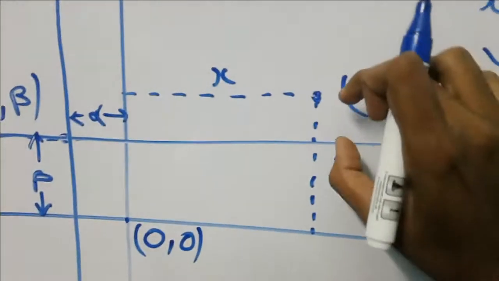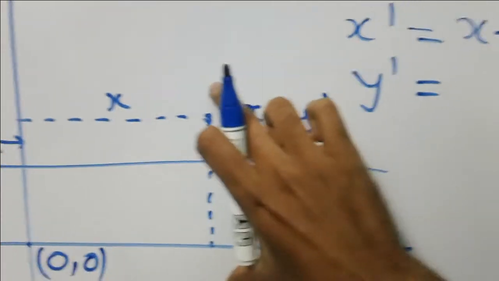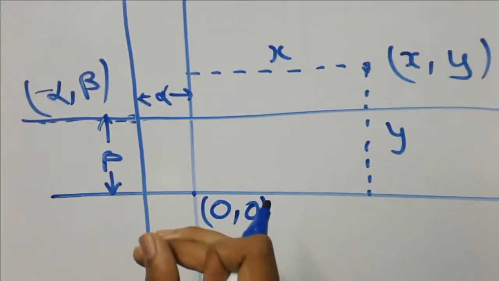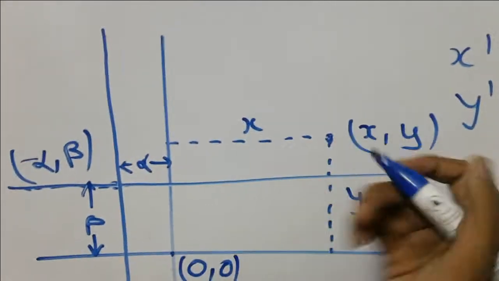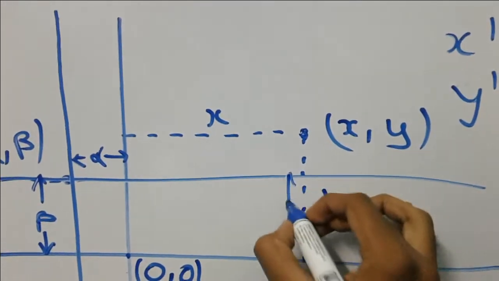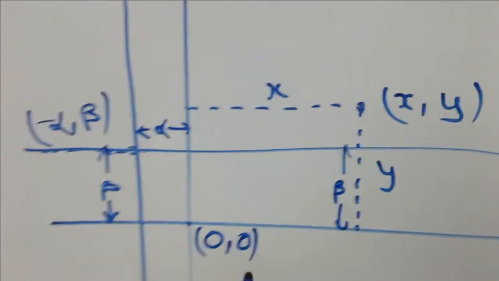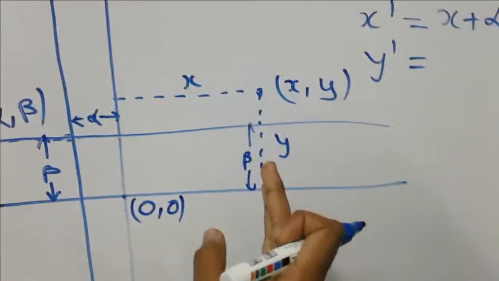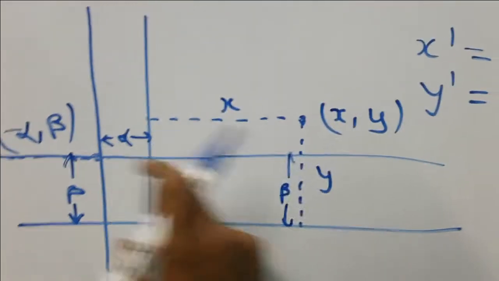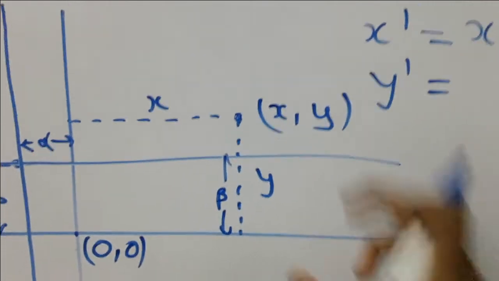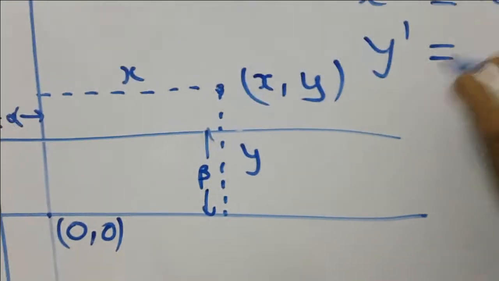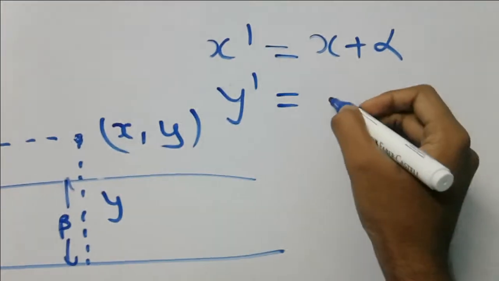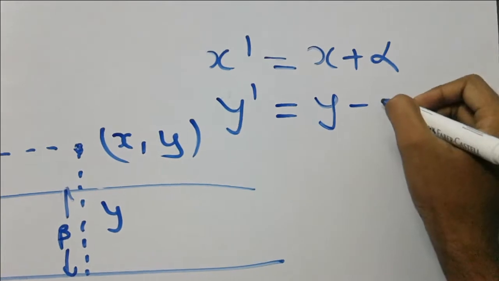You will not travel the whole y distance. You will actually travel y minus beta, because the origin is beta distance closer to this point. So this distance will also be beta, as you might know. Also I want to point out the new origin has axes parallel to the initial axes, so that's why this is beta and this is also beta. Now this distance comes out to be y minus beta. So the new y coordinate will be y minus beta.